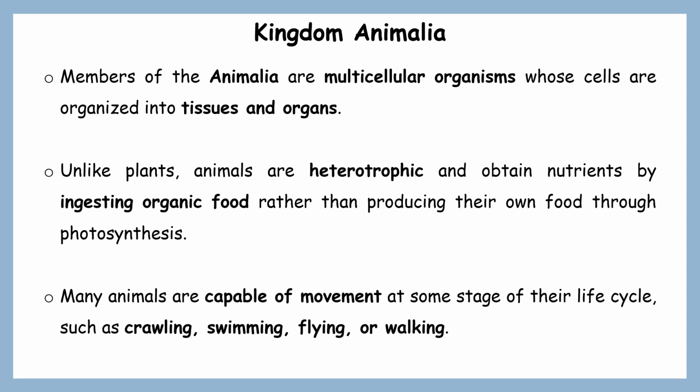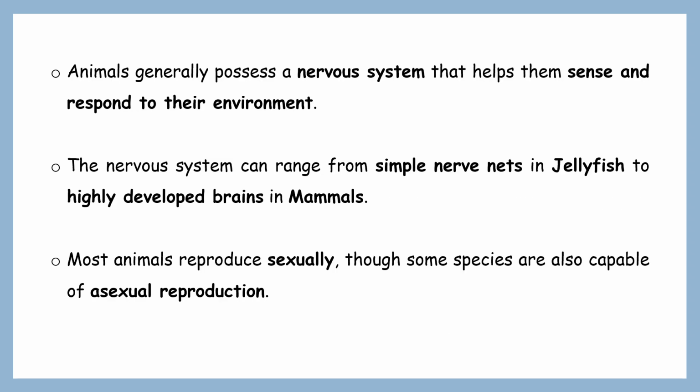Many animals are capable of movement at some stages of their life cycle, such as crawling, swimming, flying, or walking. Animals generally possess a nervous system that helps them sense and respond to their environment. The nervous system can range from simple nerve nets, like in jellyfish, to highly developed brains in class Mammalia.